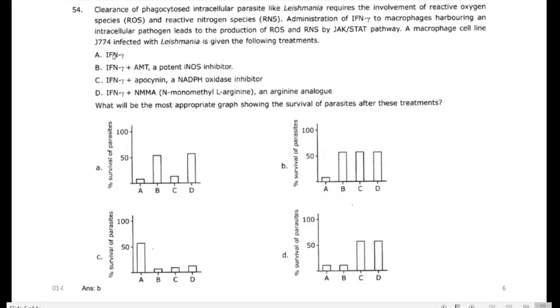If they are treated with interferon gamma, the production of ROS and RNS is high in the cell, so the Leishmania is degraded, that is, clearance happens. The Leishmania die, so survival of the parasites becomes low.